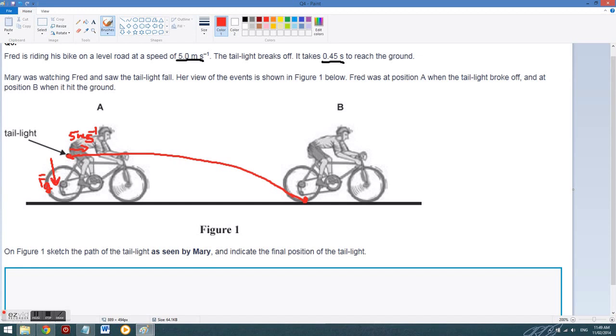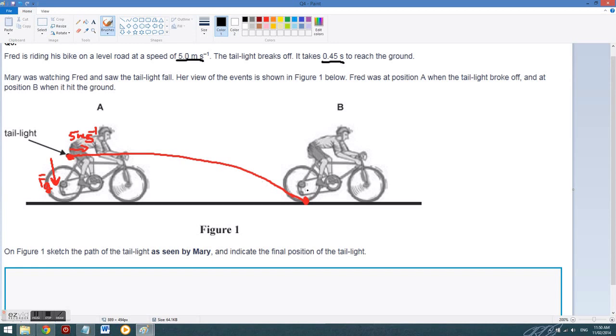Now in this question, what the examiner is looking for in the exam is that when the tail light starts to fall, we have a parabola shape.